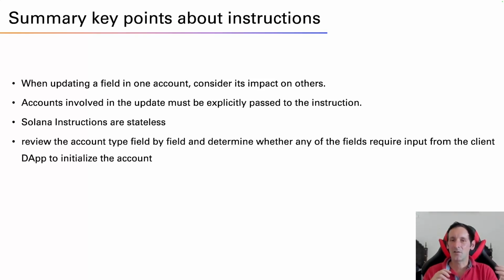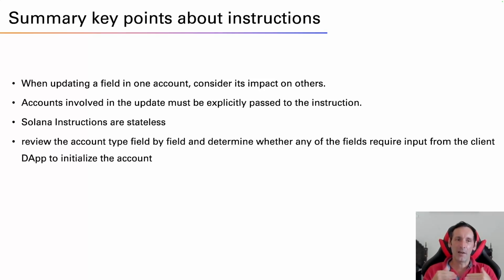The other thing with Solana programs: each time you are, let's say, creating a new purchase order, a good rule of thumb is to review the account type, in this case purchase order, and go field by field and determine whether any of the fields require input from the client application to initialize it.